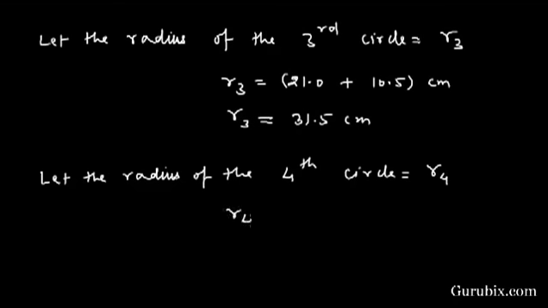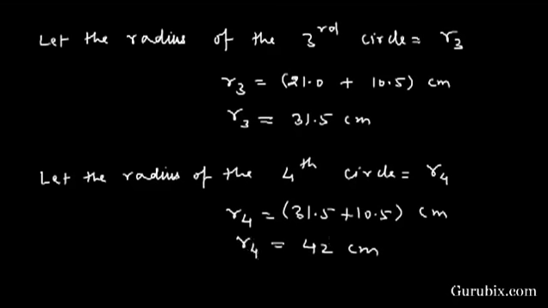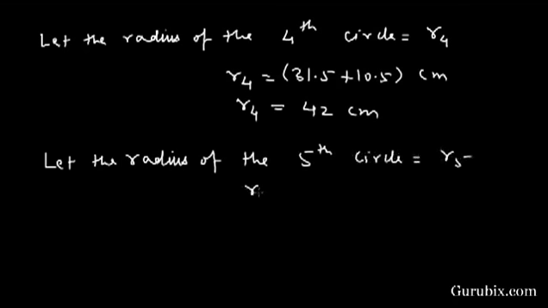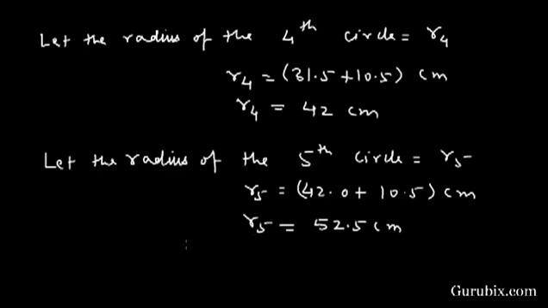Therefore R4 will be equal to 31.5 plus 10.5 centimeters, which is 42 centimeters. R4 is 42 centimeters. Similarly, let the radius of the fifth circle be R5. Therefore R5 is equal to 42.0 plus 10.5 centimeters, which equals 52.5 centimeters. This is the radius of the fifth circle.